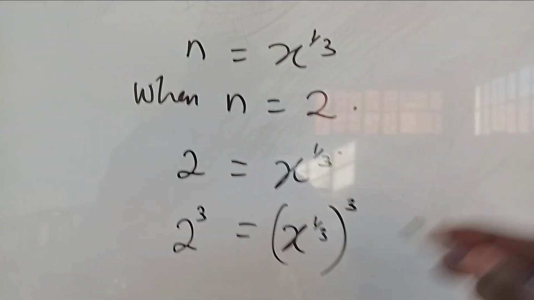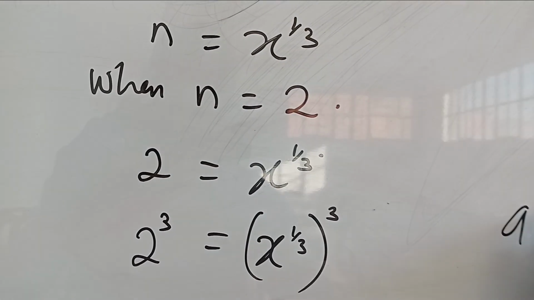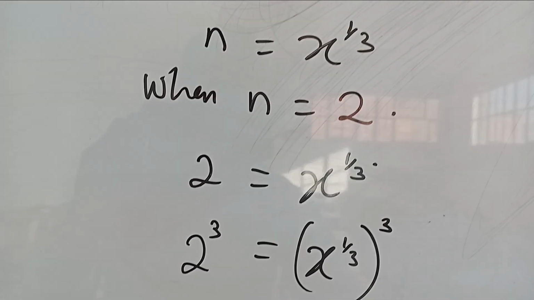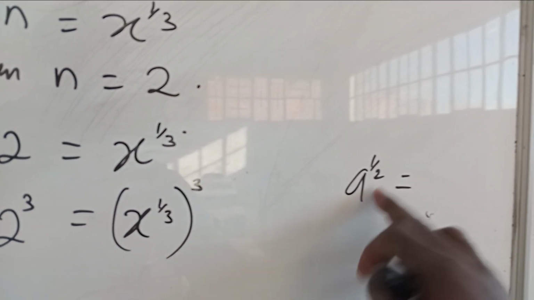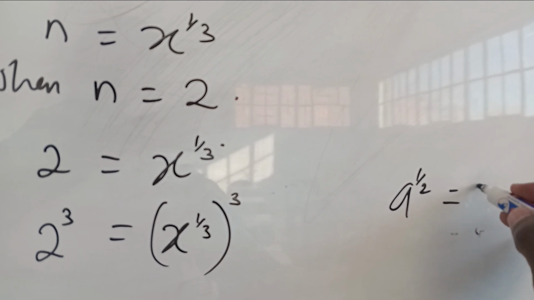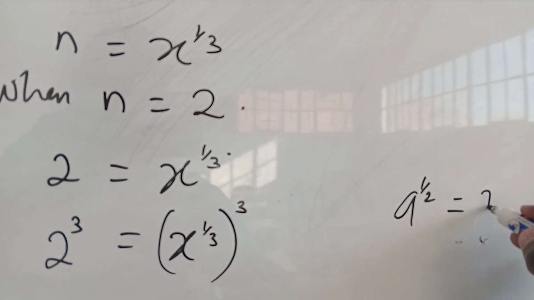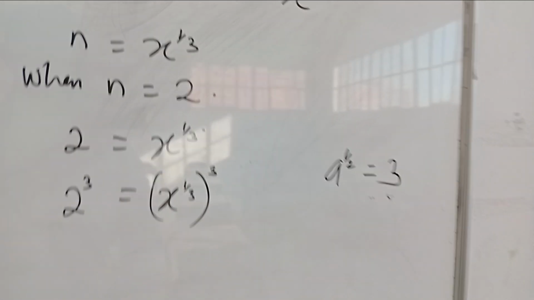Let's take, for instance, you have something like this: a raised to the power of half equals, let's say, 3.